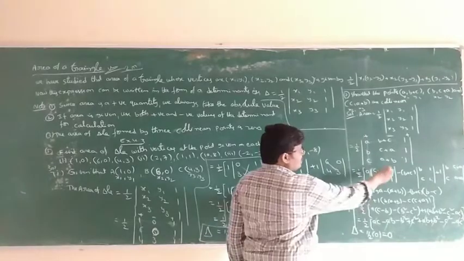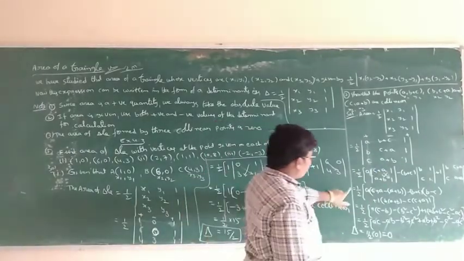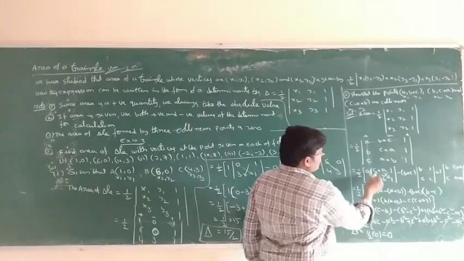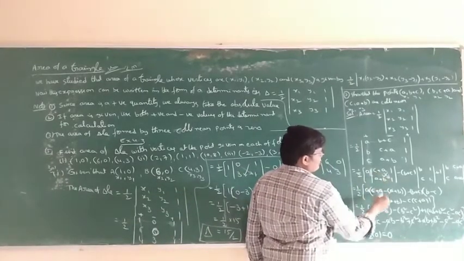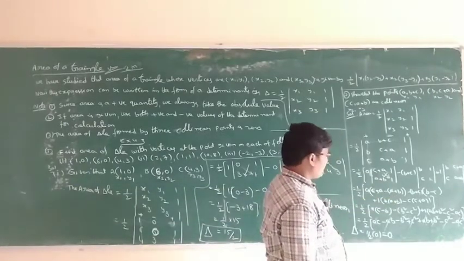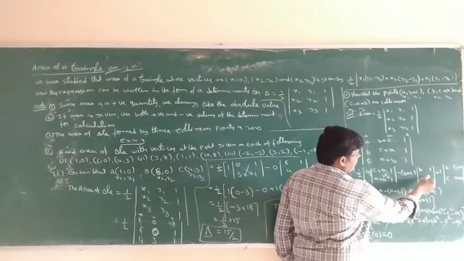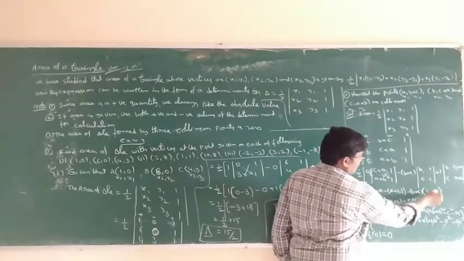Okay, this is a 2 by 2 matrix determinant. How to find a 2 by 2 matrix determinant? So 1 by 2 into A into cross multiplication, C plus A into 1, minus 1 into A plus B, is A plus B, minus of B plus C, again 2 by 2 matrix, B into 1 minus C into 1.